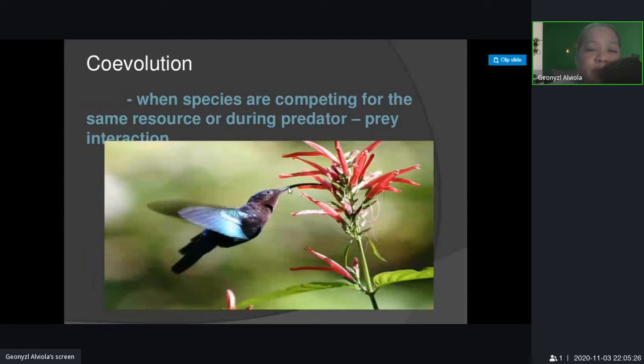Like for example, in this bird, the bird competes with the bees in getting all the nectar in that flower. So the hummingbird is in coevolution with other insects that also feed on the flower, and the flower is dependent on these pollinators.